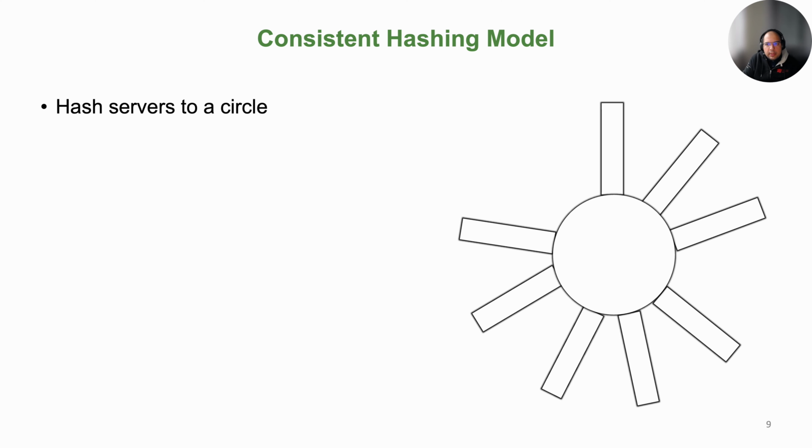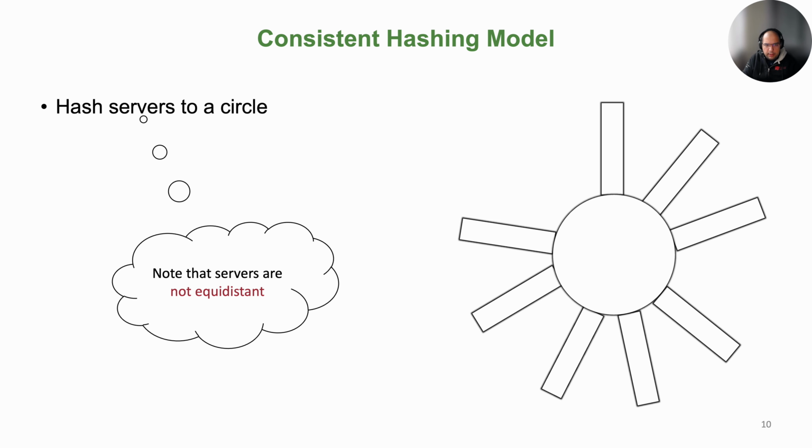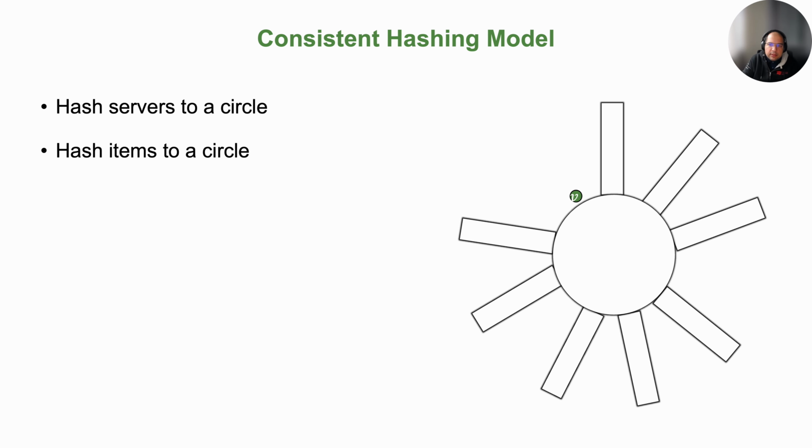In this idea, we hash all the servers to the circle first. As you can see in this figure on the right, all the servers might not be equidistant on this unit circle. There might be different distances between two servers. Having that in mind, we also assign the set of items to the circle. These items might also not be assigned to the circle uniformly.